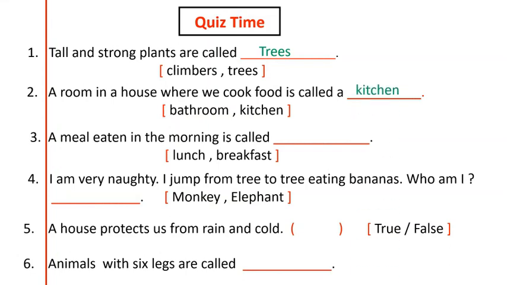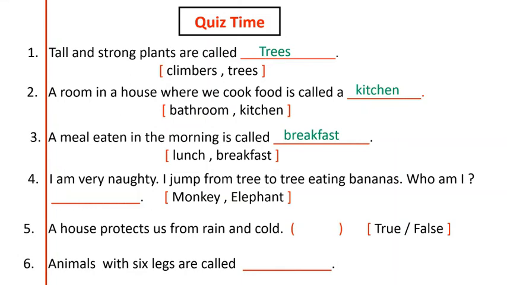Yes. Third question. A meal eaten in the morning is called, options: lunch, breakfast. Yes, very good. It is breakfast. Fourth question. I am very naughty. I jump from tree to tree eating bananas.